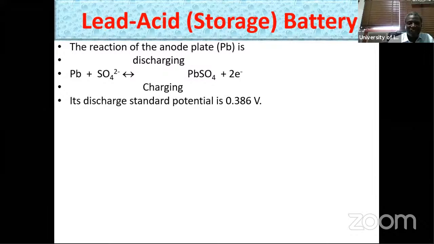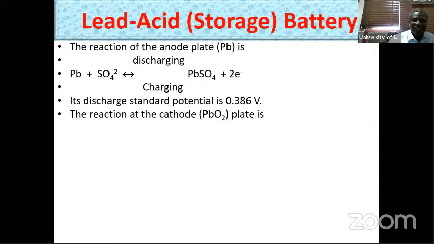For the charging, you have the opposite reaction. When you are charging it, you are changing PbSO4 to Pb plus SO4 2 minus.